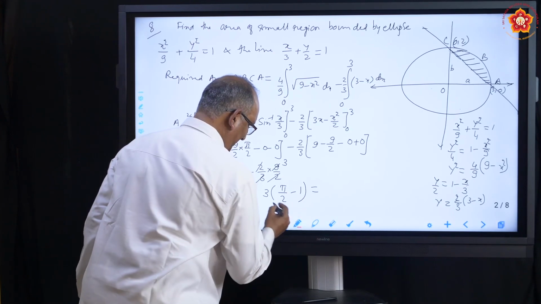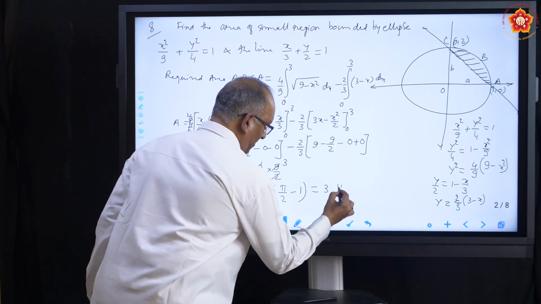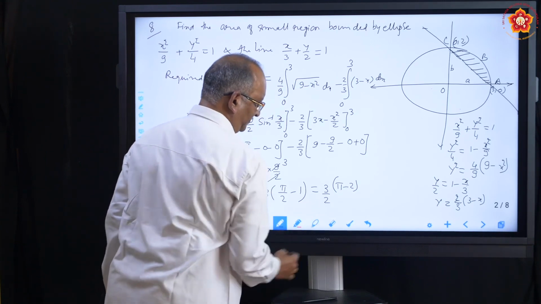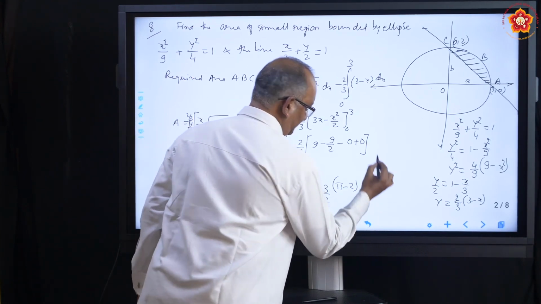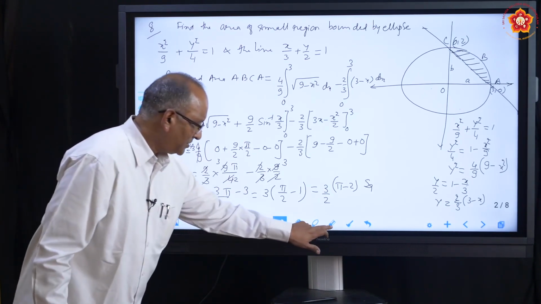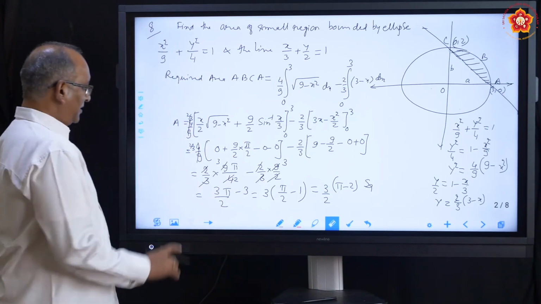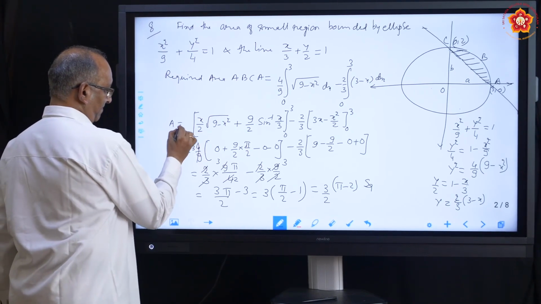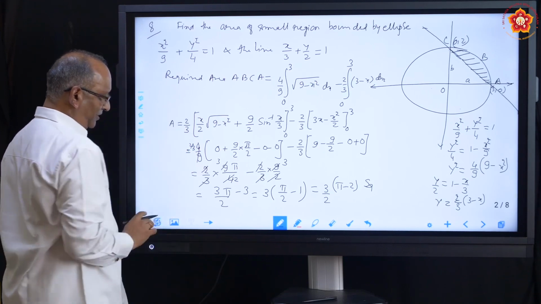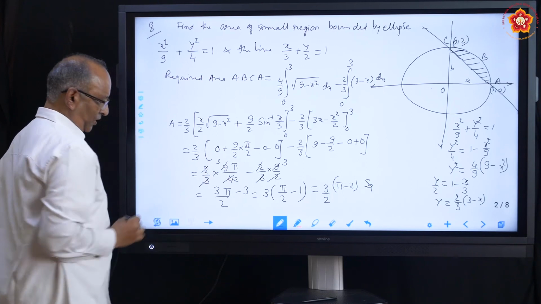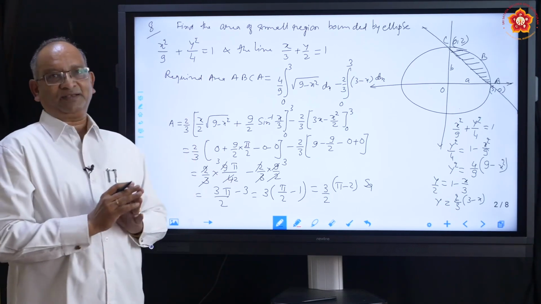You can also write it as 3 into pi minus 2 by 2 square units. So please keep this in mind. Here it is 2 by 3, not 4 by 9. Okay, so rest all is fine.